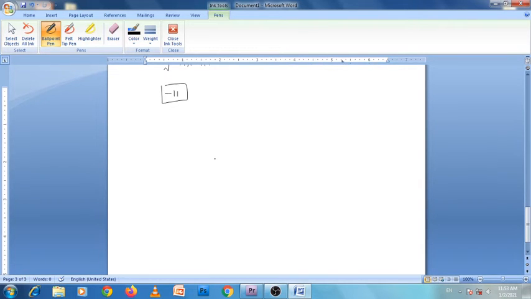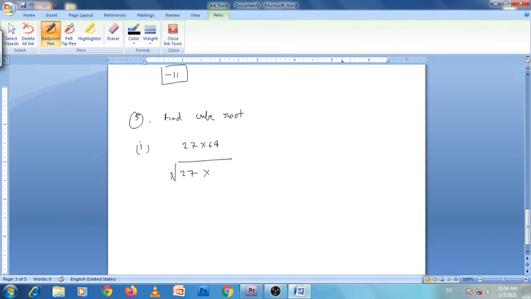5. Find the cube root of each of the following. So question number 5, find the cube root of each of the following. So first is 27 into 64. So cube root of 27 into 64.